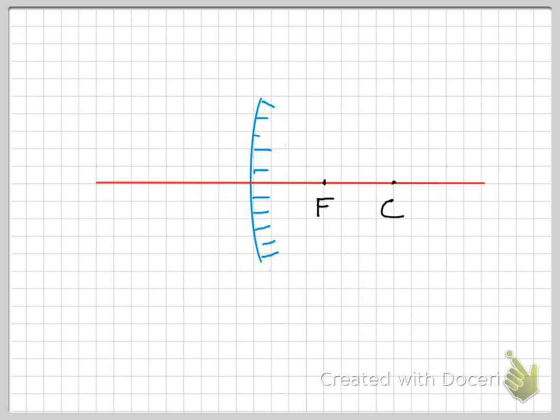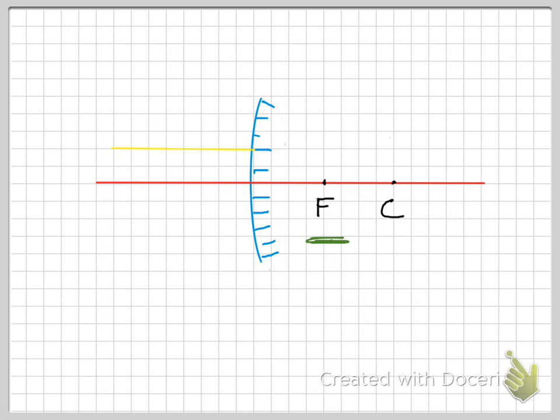Now to draw that image, we draw the reflected ray so it's oriented so that it goes through the focal point. If I draw my ray here, it's running parallel to the principal axis and hits the mirror.